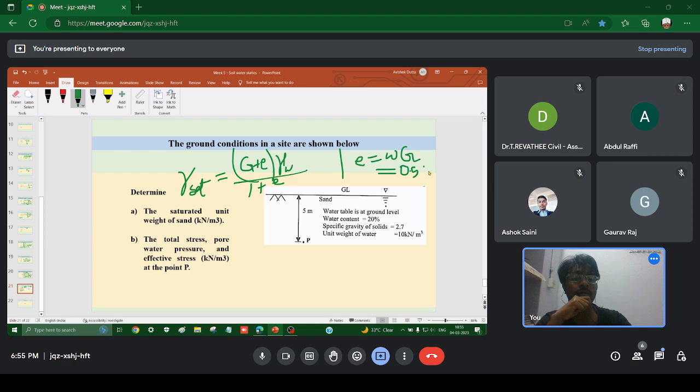0.54. Here you have got G. You have got everything mentioned over here. G is 2.7. Gamma W, you have to take 10. 1 plus E, 0.54. I think something around 21.03 or 21.04, isn't it? 21.04 I have got in kN per meter cube.